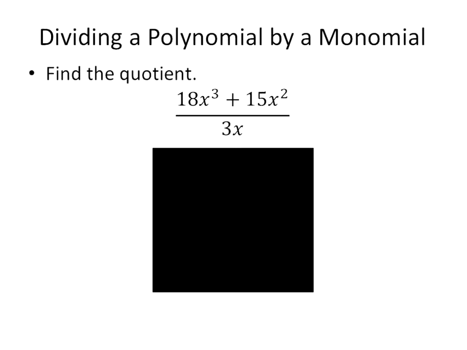It says dividing a polynomial by a monomial. So let's think about that for a second. When I did something like this, 3 times x plus 2, and I asked you to simplify that, what did you guys have to do? What did you have to do to simplify that?